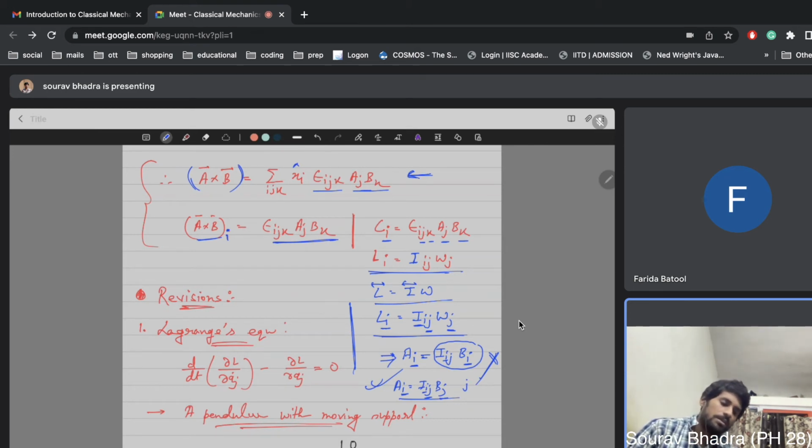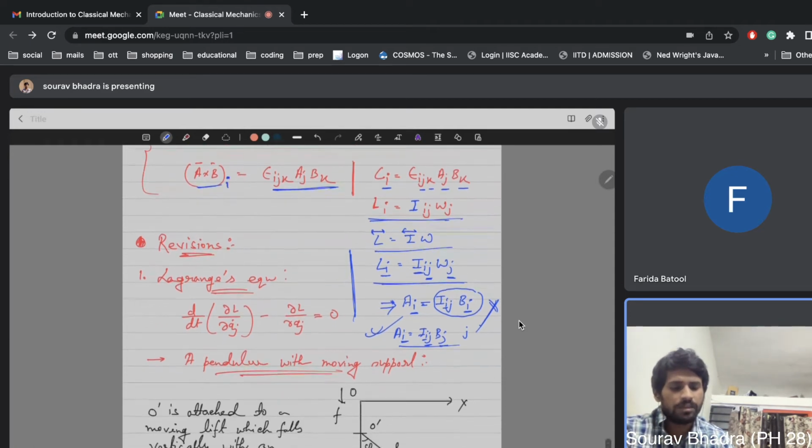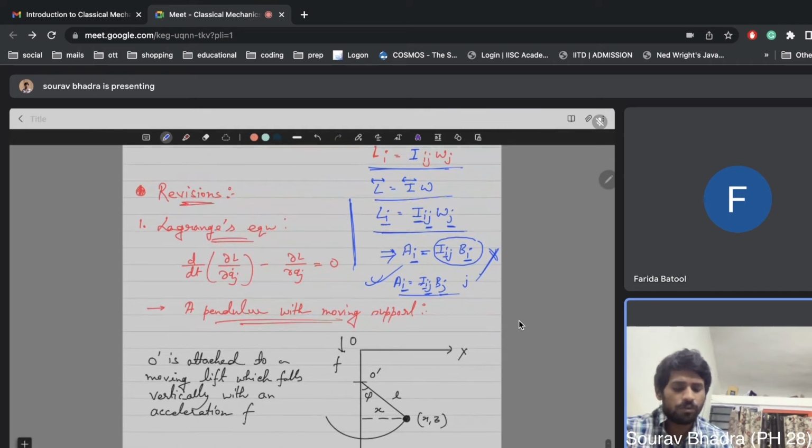Now this part, which was mainly based on the last lecture, is done, and I want to do some revision problems from Lagrangian, because next week you have the final exam, so it will be a good idea to do some old problems.